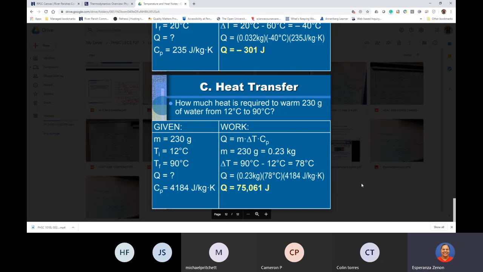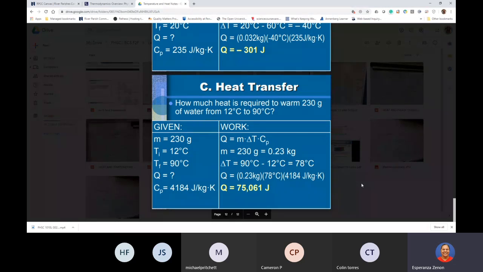So if you look at your appliances in the household, you'll find that the hot water heater is the most heat intensive appliance that you have because it's dealing with a substance, water, that has one of the higher specific heat values.